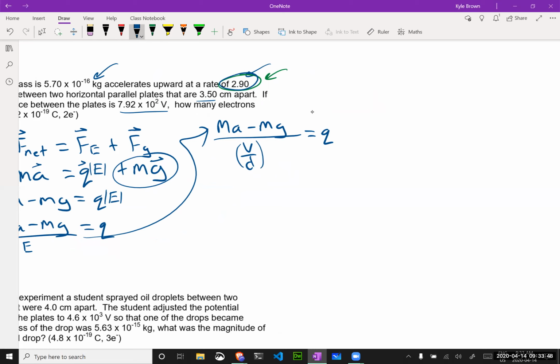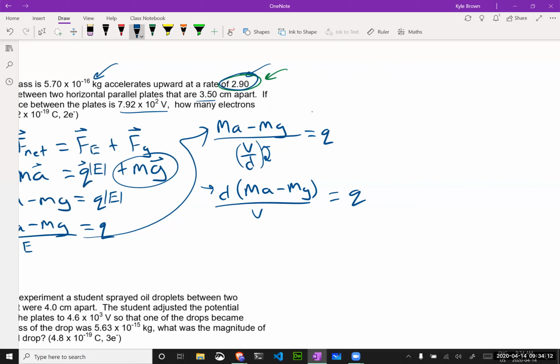So that all could just be the same thing as, well, I'll put the D up top. So D times mass times acceleration minus mass times gravity all over V, right? Just really in the end here, I just flipped those two upside down, right? And that's equal to Q.